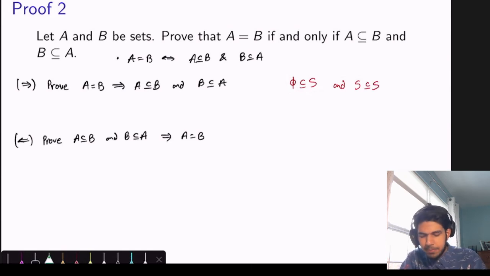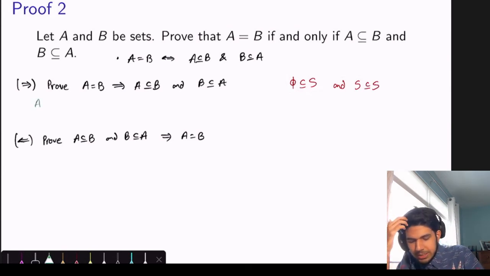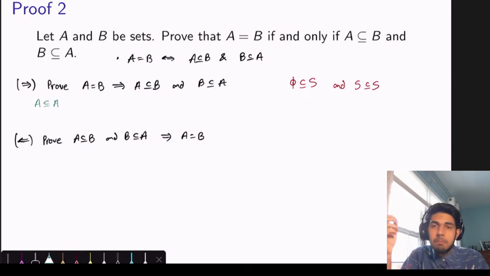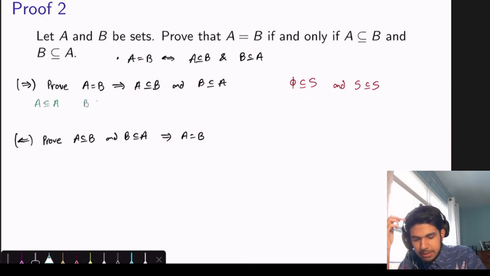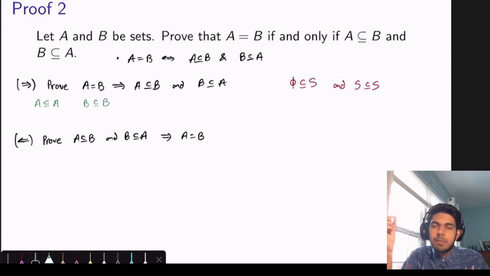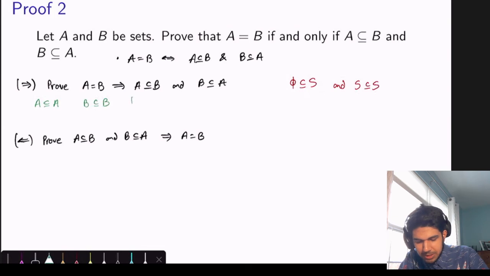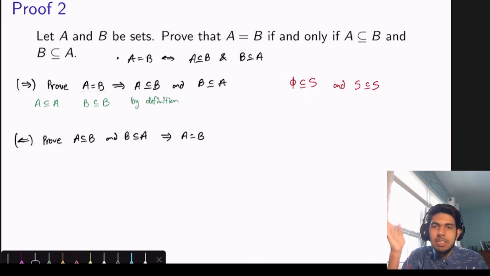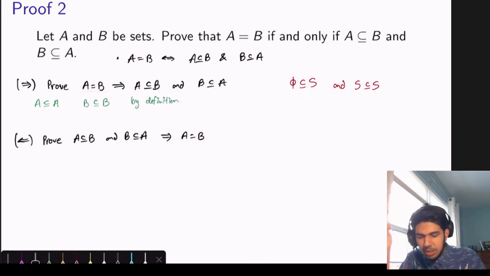Let's try using it. So we can say that A is a subset of A, and B is a subset of B. Right? That makes sense. We're just using the definition, so we can just say by definition. And if A equals B, if they're the same sets, then we can just substitute a B in for A and an A in for B. So why don't we take this B and put it right here where we see that A?